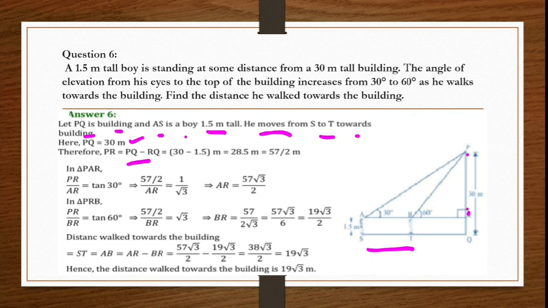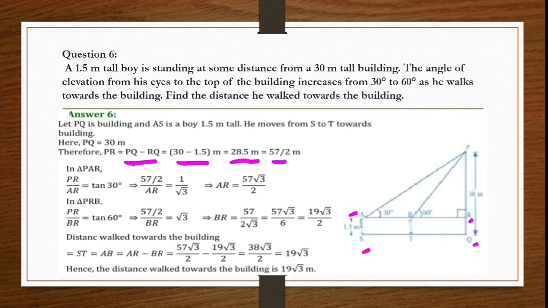RQ is equal to AS, which is 1.5. That's why PQ minus RQ is 30 minus 1.5, which is equal to 28.5 meters, or you can write it as 57 by 2 meters.